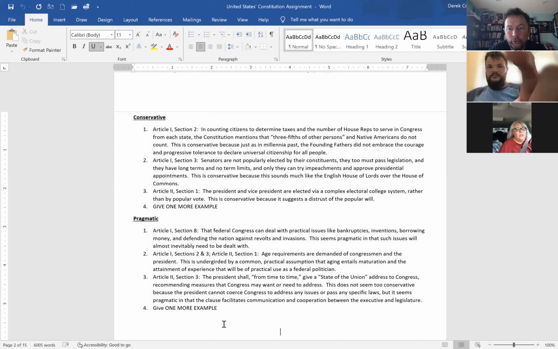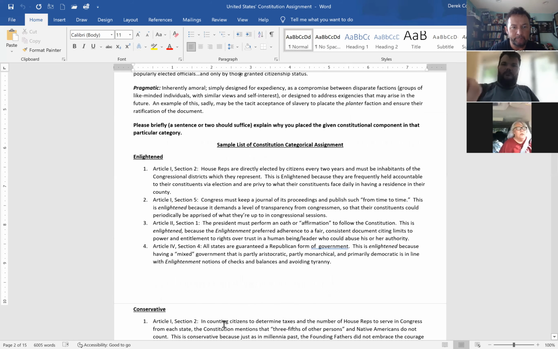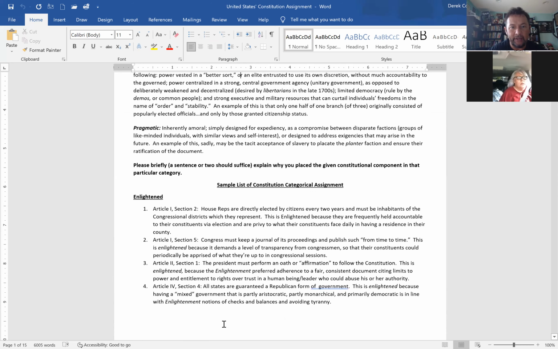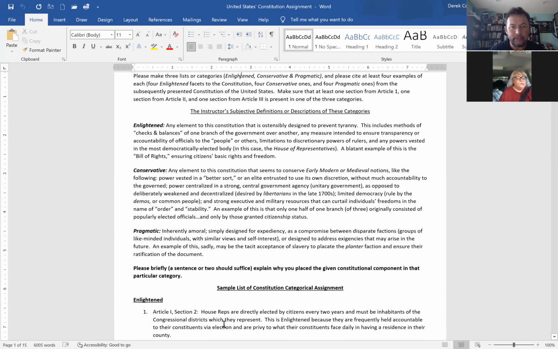So basically what we're doing, Alonda, is that I'm asking you to put things in one of three categories: enlightened, conservative, or pragmatic, and then just take sections from the Constitution and use at least 4 in each of the 3 categories.